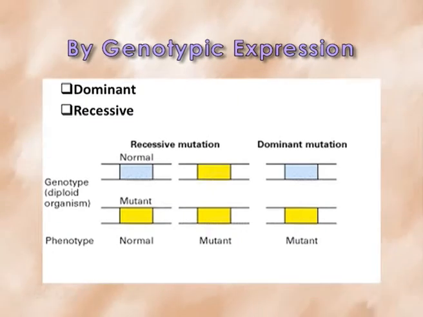The dominant, according to genotypic expression, in the heterozygous condition, the dominant genotype is expressed at the phenotypic protein level. And not only the heterozygous condition, we may also find them in the homozygous condition.